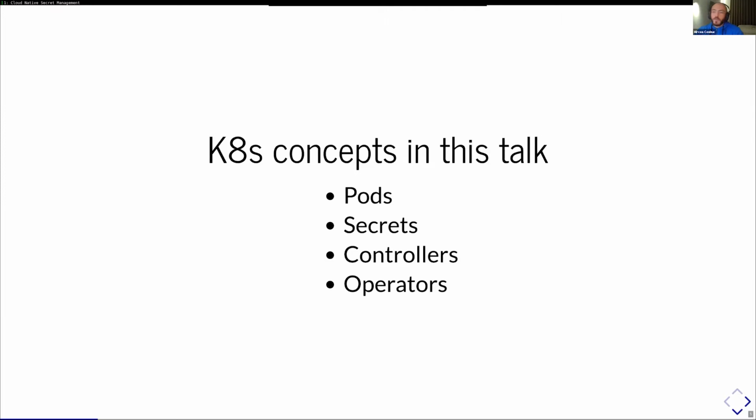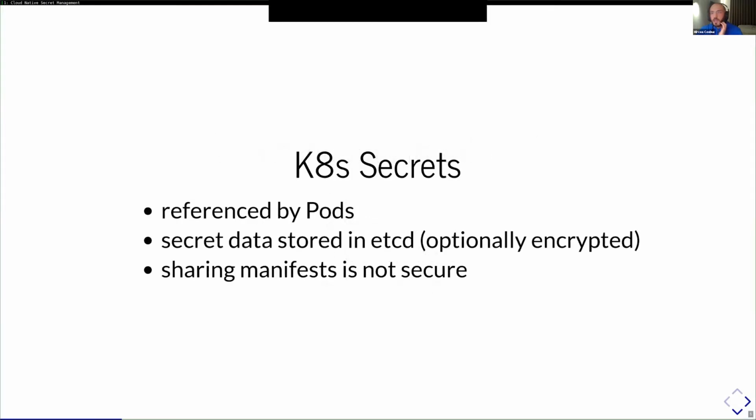And before we get into that, let's quickly discuss the security properties of Kubernetes secrets. At the administrative level, secret data is stored in the etcd backend of Kubernetes. And because of that, encryption at rest is recommended for etcd.